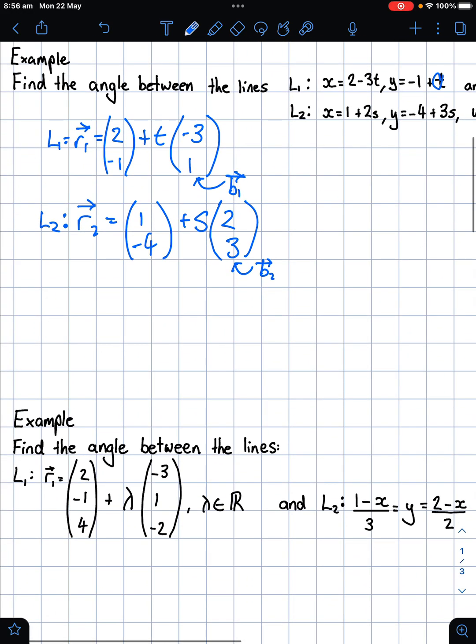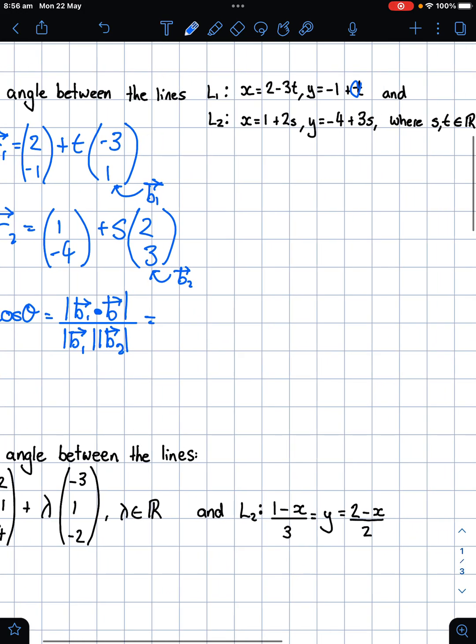So now we've got the direction vectors. So now cosine theta is going to equal the dot product. I'll write this out. I'm going to skip this step a little bit later because we're going to run out of time. So we've got these values here, B1, B2. Now, because I'm super lazy, let's just jump to the next one.